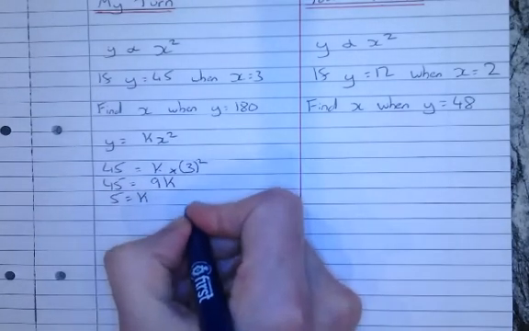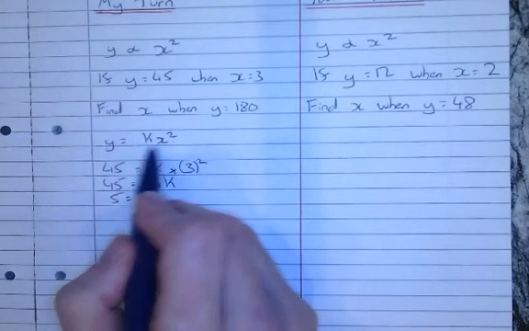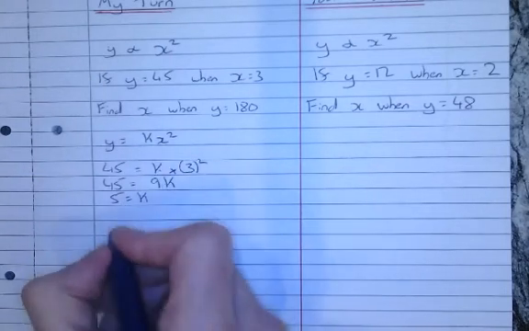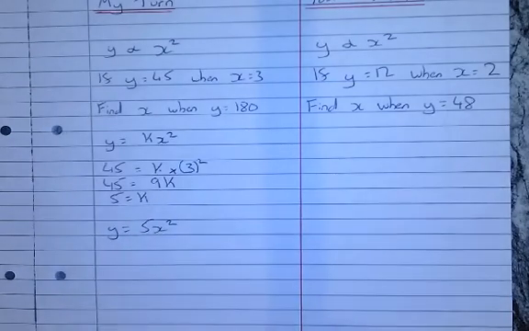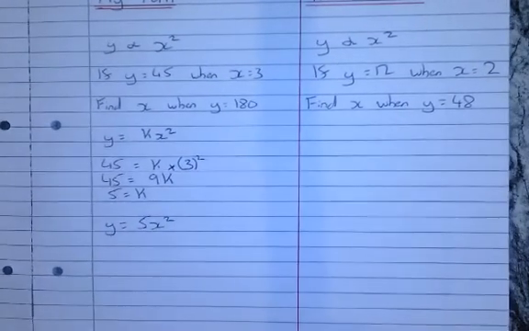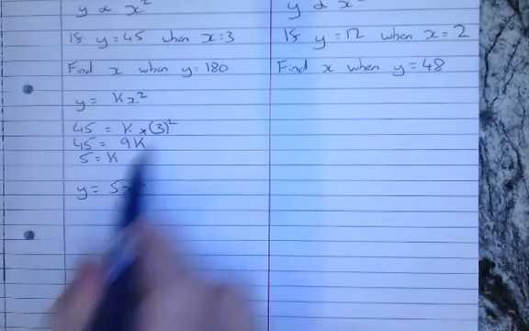And now I can rewrite this equation with my k value of 5. So what I know now is that y equals 5x squared. And now I'm asked to find x when y equals 180. So put your y value of 180 into the equation.